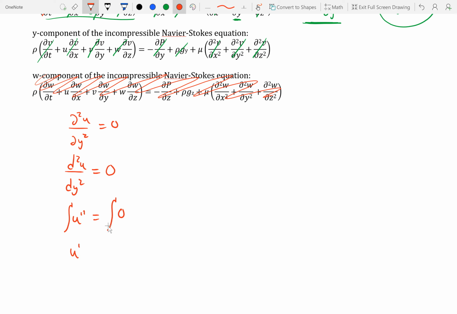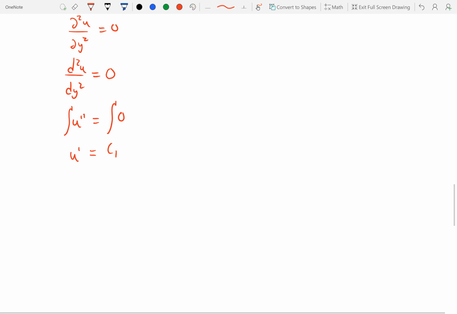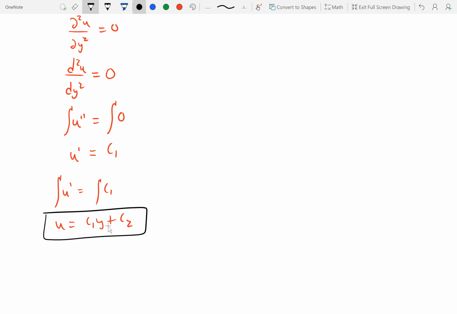When we integrate it, we get u prime. When we integrate 0, we get a constant. All right. Now we're going to integrate again. We get u equals c1 times y plus another constant. All right. This is our equation for u. Look, it's only a function of y. All right, so I'm going to write this stuff over here.